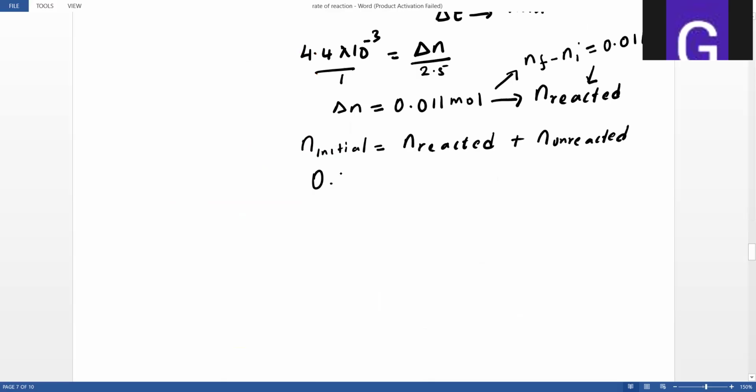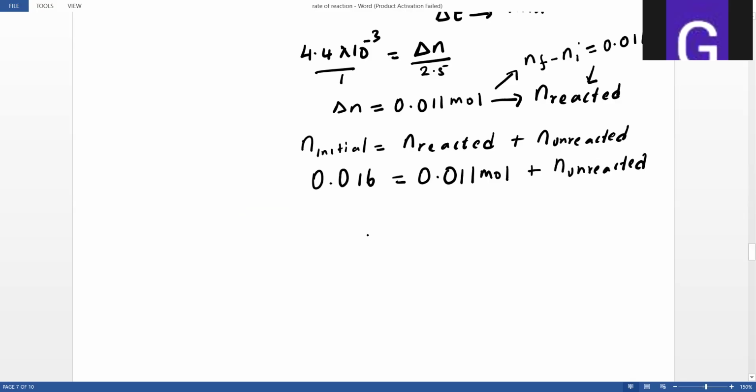And from this 0.016, the reacted one is 0.011 mole plus the number of mole that is unreacted.